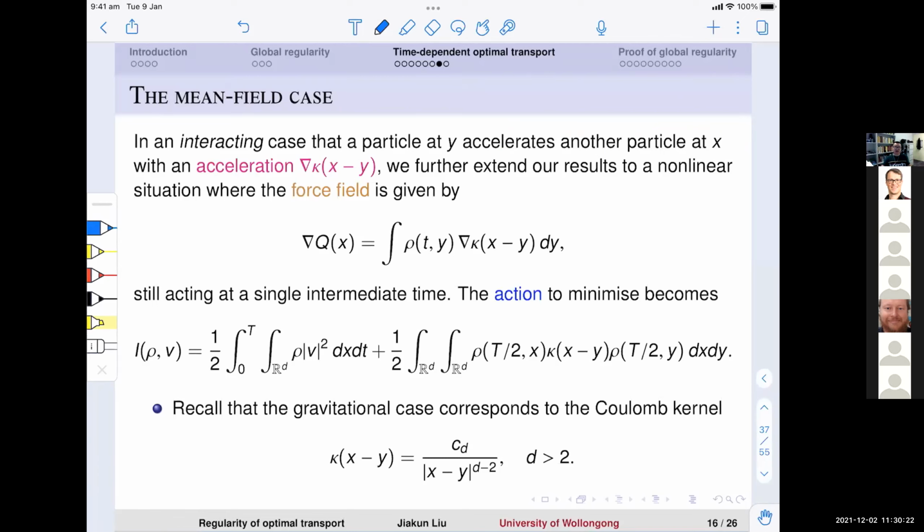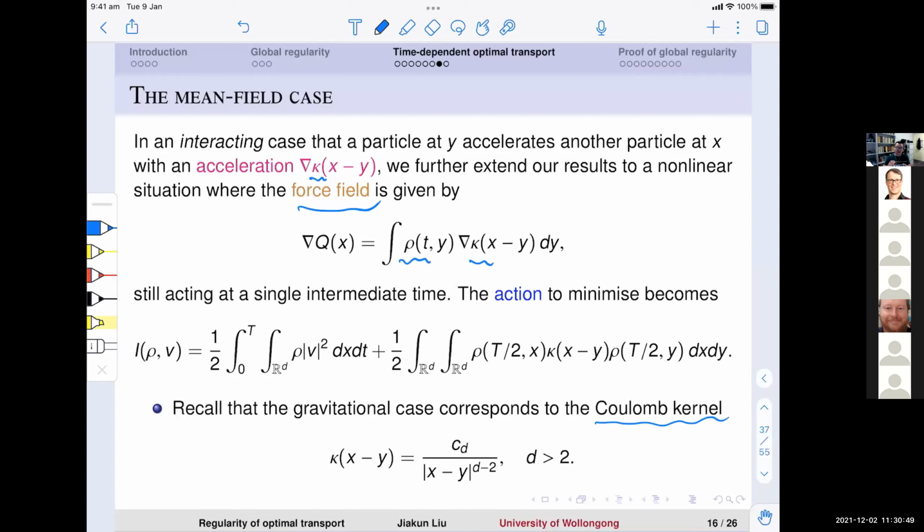So in that situation, what's the force field? The force field is actually given by some kind of kernel, kappa. So the external force is given by the density and the kernel kappa. In the standard case, that's exactly the Coulomb kernel, corresponding to the Laplacian equation.